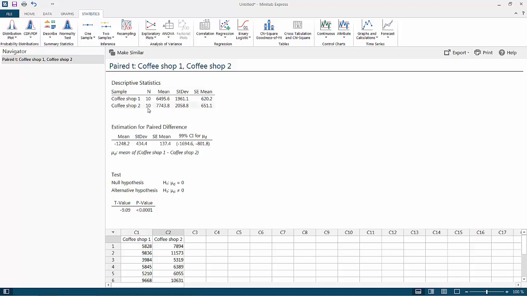For coffee shop 2, the sample size is 10 and the mean is 7743.8, the standard deviation is 2058.8 and the standard error is 651.1. Now it's giving us the paired difference, that is coffee shop 1 minus coffee shop 2. How do those values look? The mean is negative 1248.2.